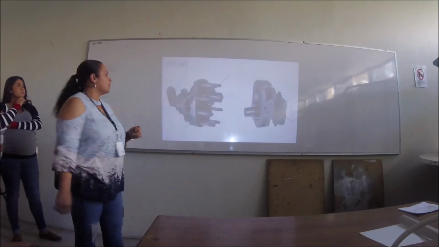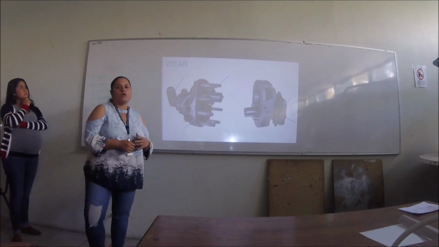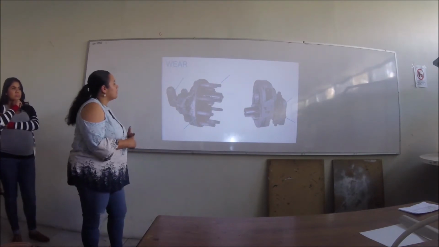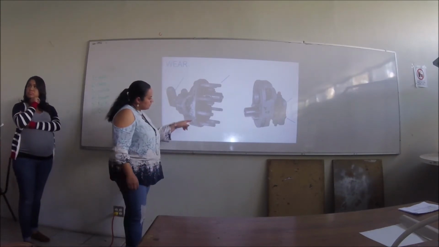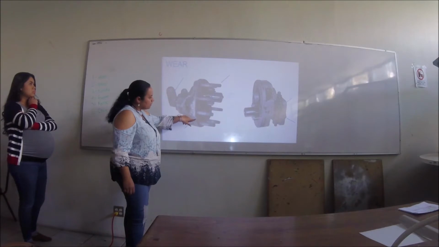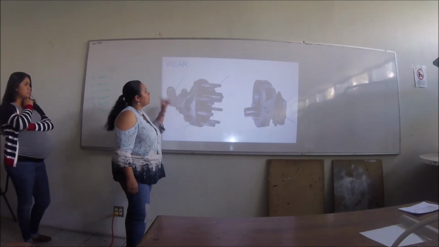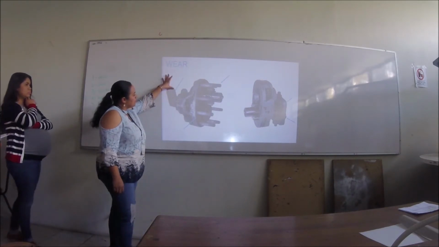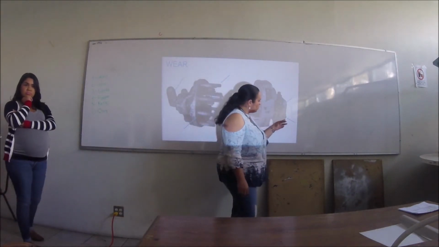Next. Okay. We will talk about the wear of the machinery's pieces. Here you can see the wear that occurred due to corrosion. Here occurred the adhesive materials, and here occurred the friction.